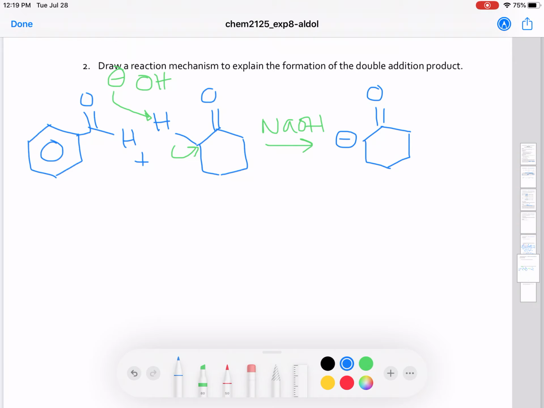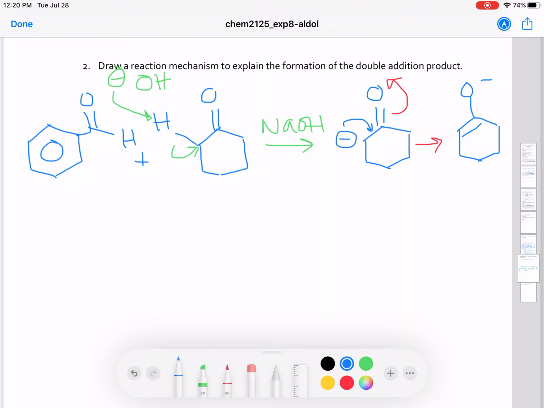Okay, and this can participate in resonance like that. So this will give you this guy, O minus, enolate. So this is your enolate, right? Not pretty. That's the enolate. Okay, then what's going to happen?